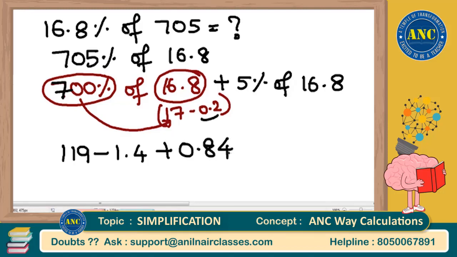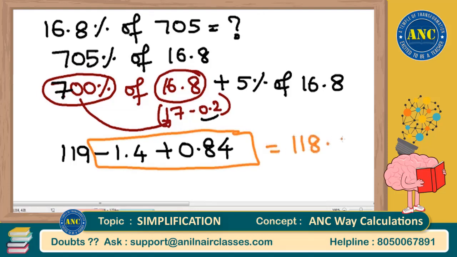How easily you can do this. From 119, if I add 0.84 and subtract 1.4, finally you will be left with 118.44. This should be my answer.